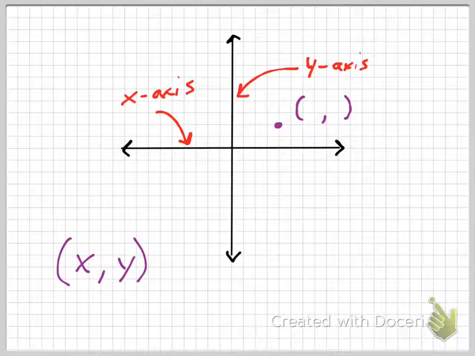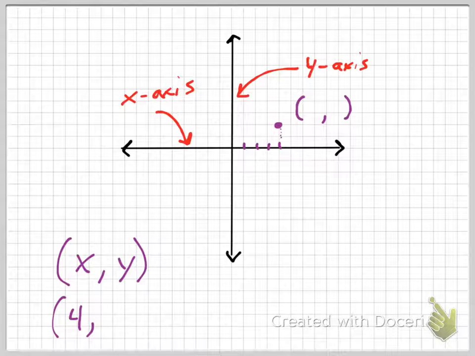You've done this before, I know. The X comes first, the Y comes second. What they're saying is that along this line right here, along the x-axis, where does that point land? What number? It lands at 4, right?